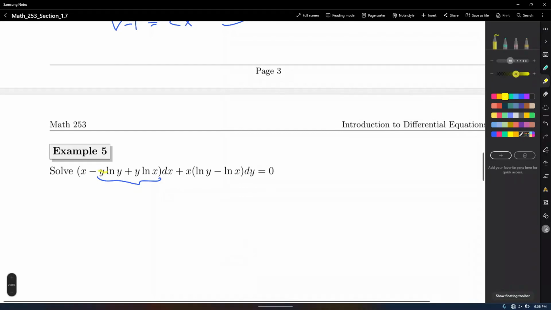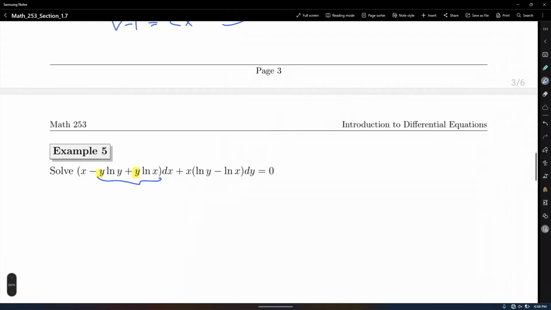How about we factor out the y? Actually, I'm going to factor out negative y because I'd rather have the following. I'm going to use brackets to avoid confusion with too many parentheses. That is x minus y times [ln of y, and factoring out the negative, plus ln of y minus ln x]. Do you guys agree with this?